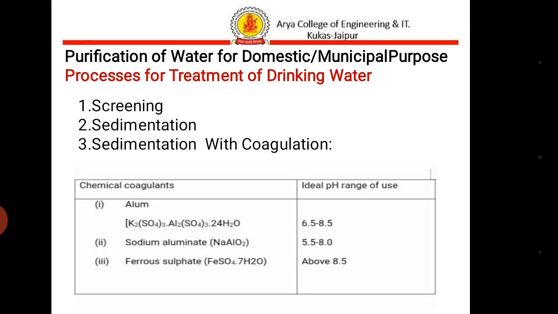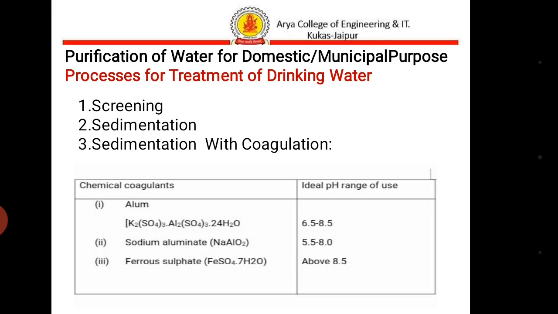Third, sedimentation with coagulation. In this process, impurities are removed by addition of a requisite amount of chemicals known as coagulant. The coagulant produces ions to neutralize the positively charged colloidal impurities. These impurities come nearer to one another and combine to form denser particles which settle down due to the force of gravity.